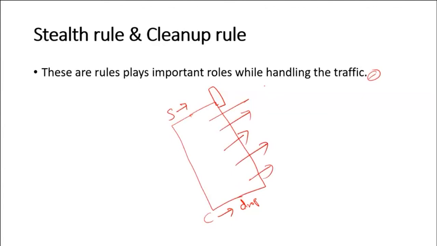They play a very important role while handling the traffic. Stealth will protect the firewall, and cleanup will drop the traffic which is not matching from top to bottom. So we sandwich the rules required for the organization between the stealth rule and the cleanup rule.